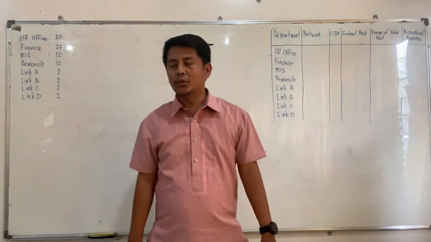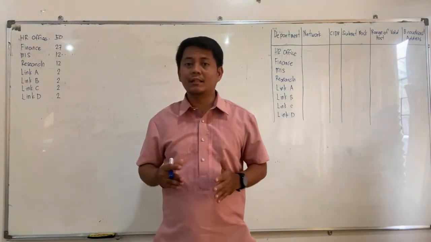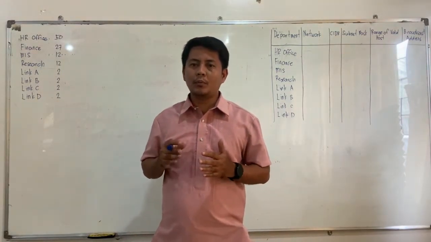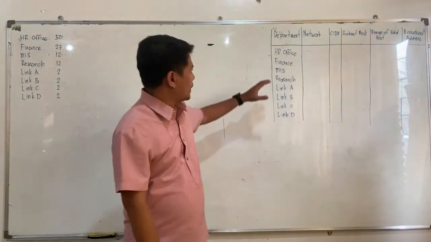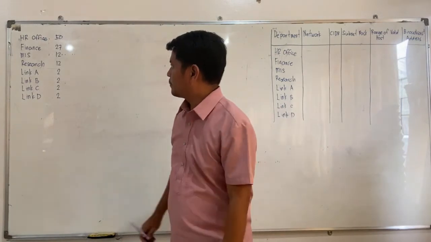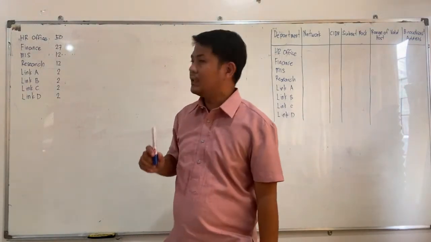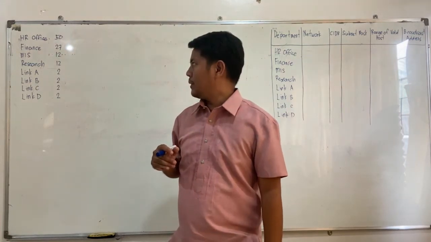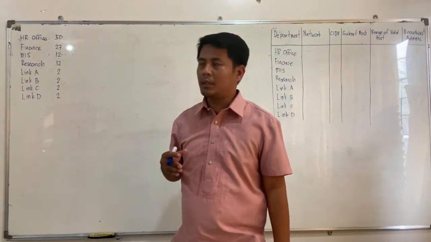Okay, so the first thing we need to do is to sort the number of hosts needed for each of the departments. Basically, the HR office needs 50 computers or 50 hosts. The Finance office needs 27 hosts.